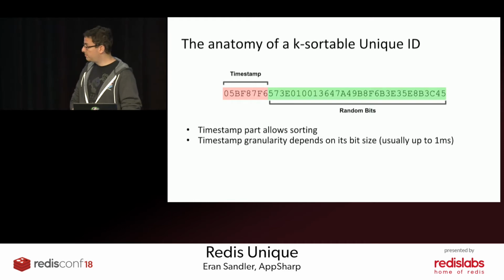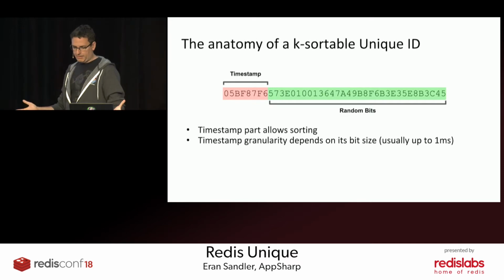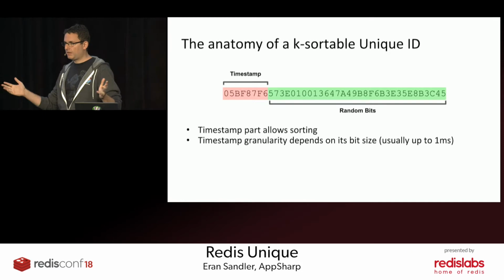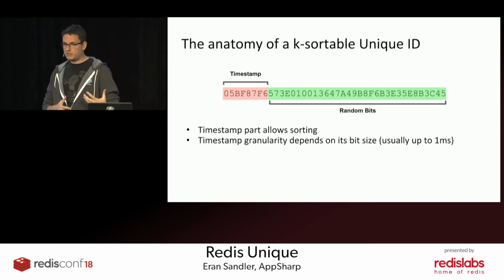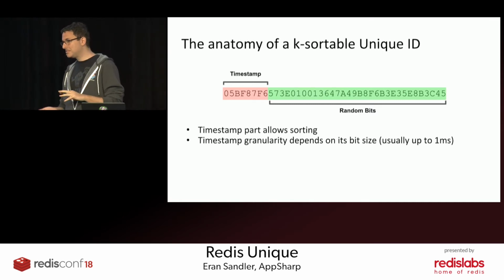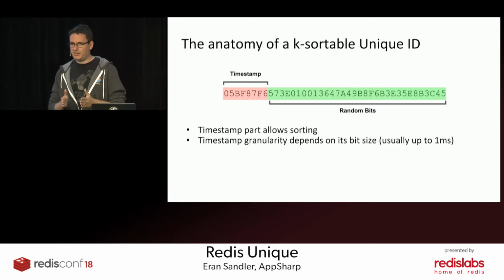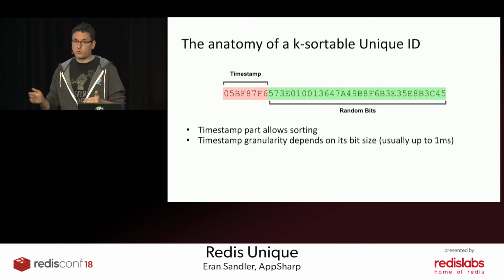So this is basically the general structure and anatomy of a sortable unique ID. Most of them have whatever length you decide them to have. The red part is the timestamp part, and it can be as detailed or as coarse as you want. You can have millisecond resolution. You can have nanosecond resolution if you allocate more bits to it.